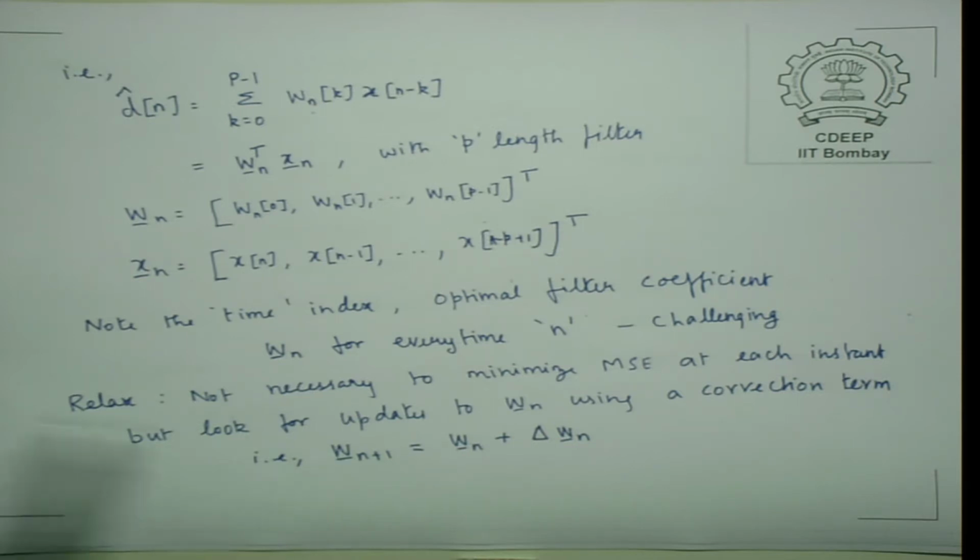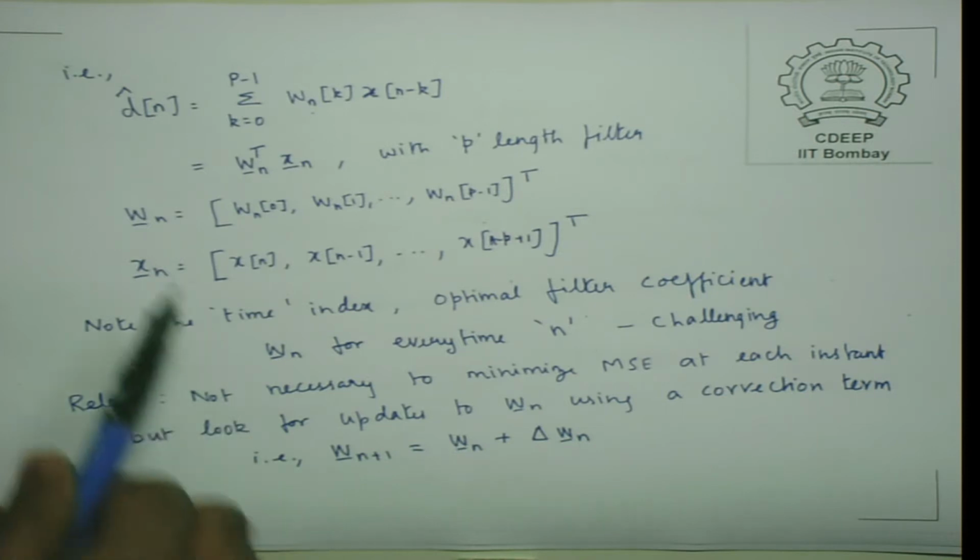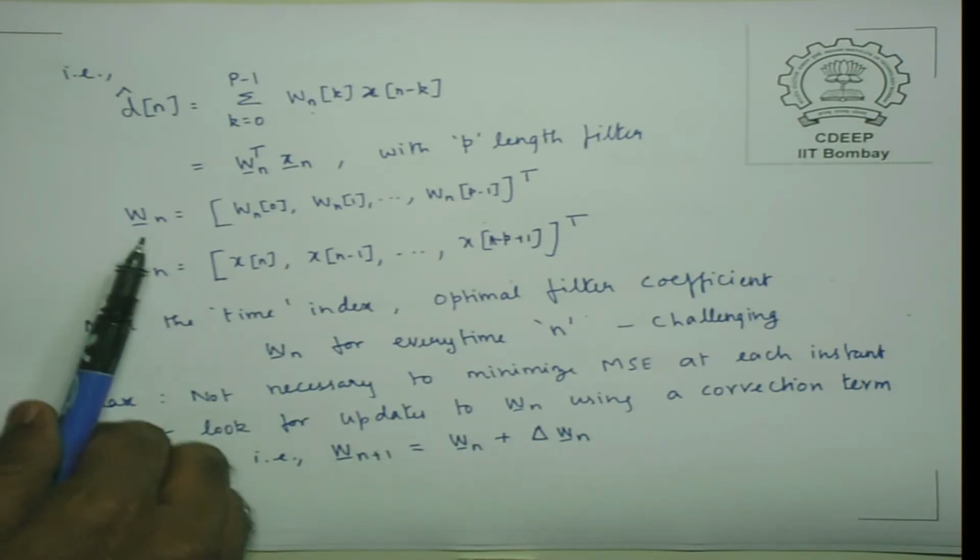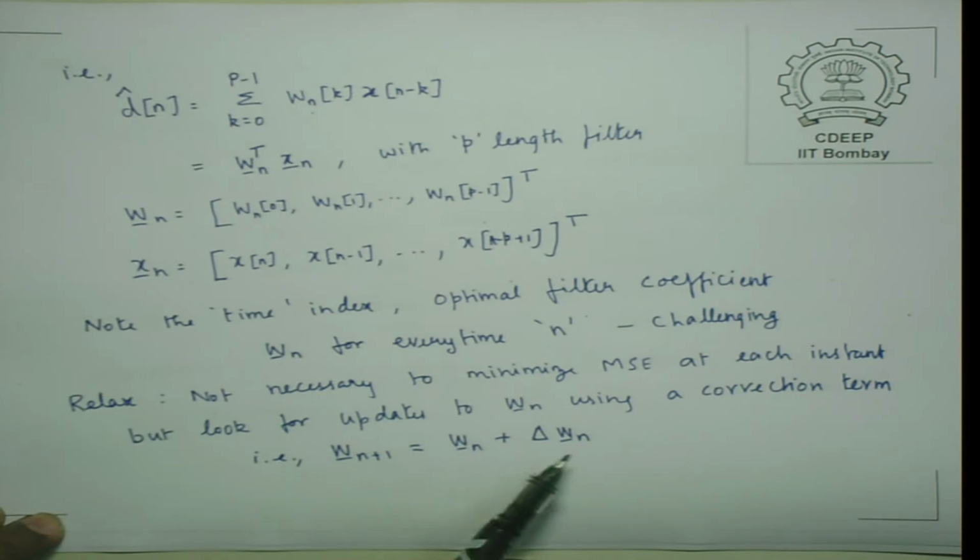This mean square error, for example, keeps decreasing. Then we can look at this problem as an iterative way of getting to W at instant n plus 1, starting from W at n, by appropriately perturbing or updating this W. Okay. So, how do we do that?